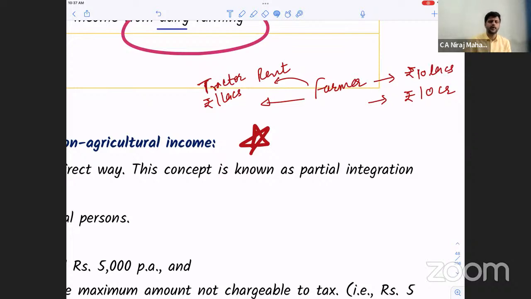If it is purely agricultural, it is exempt. But if it is agricultural plus other non-agricultural income, then we integrate both of them. Integrate means we mix both of these incomes to find the tax liability. Clear, all of you? We'll go ahead, everybody.